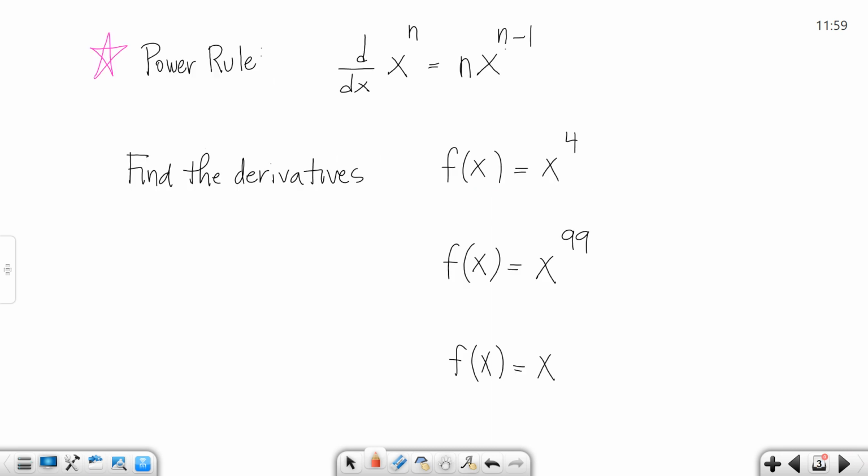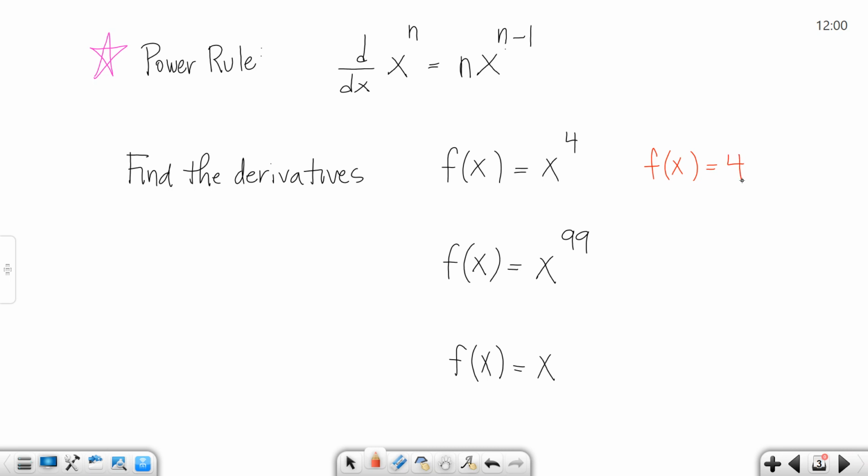The next rule that you see is the power rule, and you notice I put a big star beside it. That's because it's super important. So a power rule means, of course, you have an exponent. Now we're taking them piece by piece. Eventually they'll have coefficients, and they'll have monomial, binomial, trinomial, they'll have more terms, but right now we're just taking it piece by piece. What the power rule for derivatives tells you to do, looking at the rule above, is first bring that power out in front.